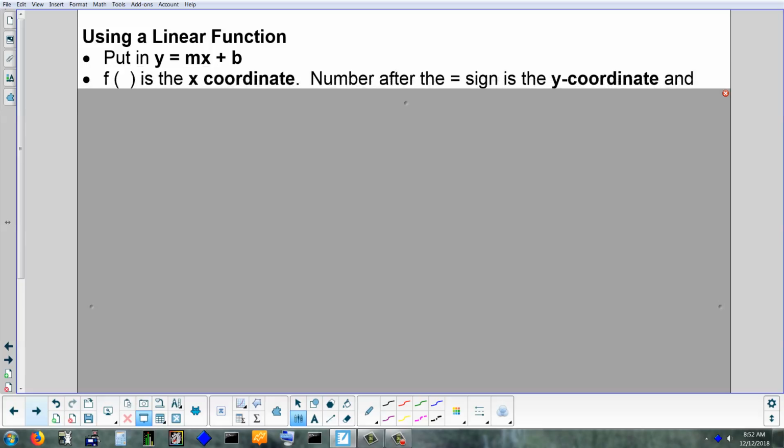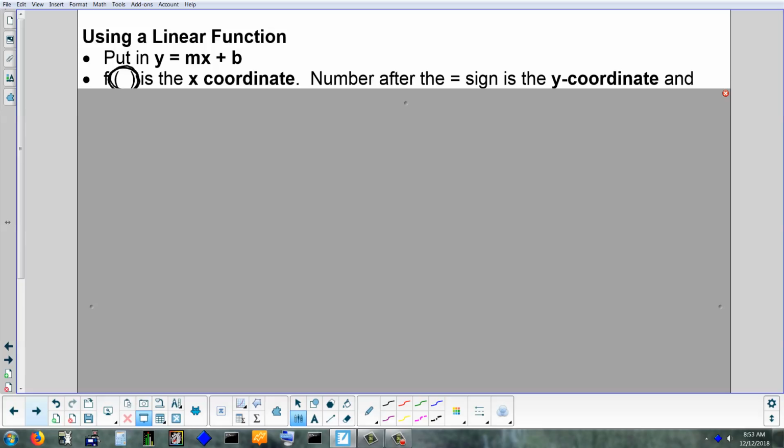We're going to be in function notation now. So we have f of something, whatever number is inside the parentheses. All we're doing here is writing coordinates in a different way.